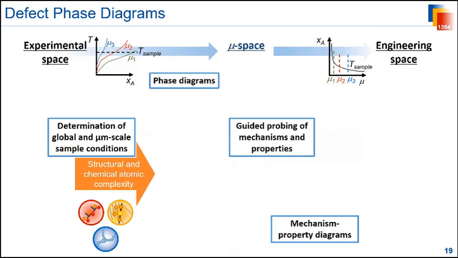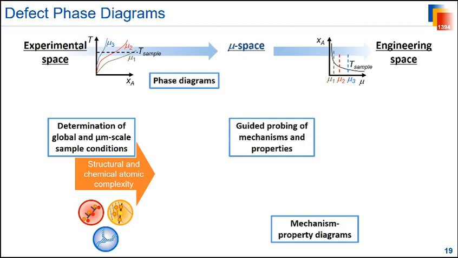So we determine sample conditions, and that's something we do in our experimental space. There might be an experiment in the computer, or it might be an experiment that we do in real life. And so what we're going to look at there is we look at the structural and chemical atomic complexity, and we'll see how that's related to the actual properties that we get on the far right in the engineering space.